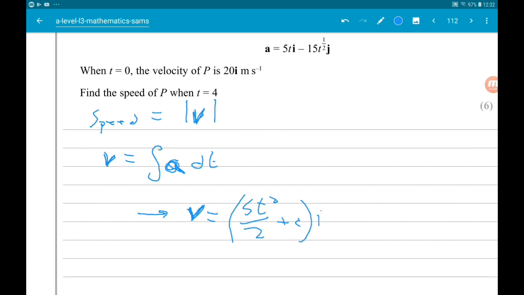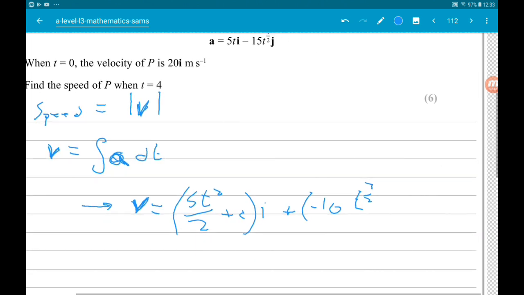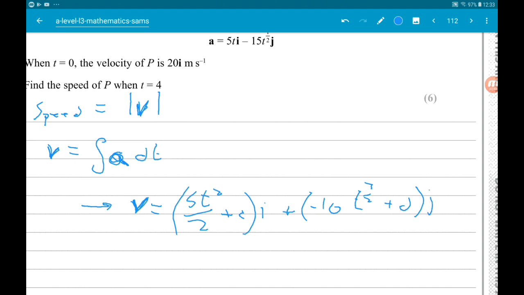So that's the i component, and then for j, we're going to have, in the brackets, t to the 1/2 integrates to t to the 3/2, we then divide by 3/2, so that's the same as multiplying by 2/3, 15 times 2/3 is 10, so we get minus 10t to the 3/2, then we need a different constant, so let's call it d.